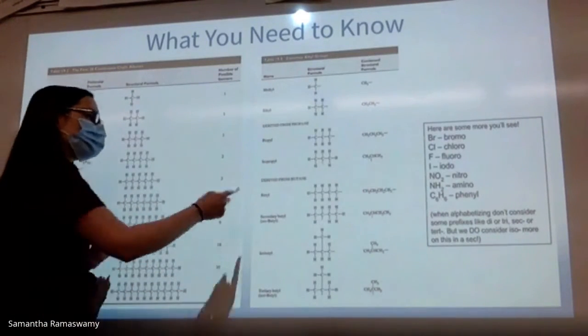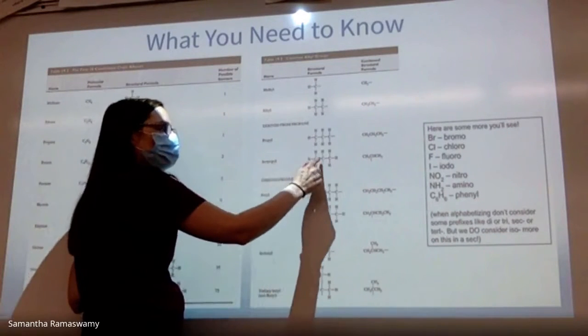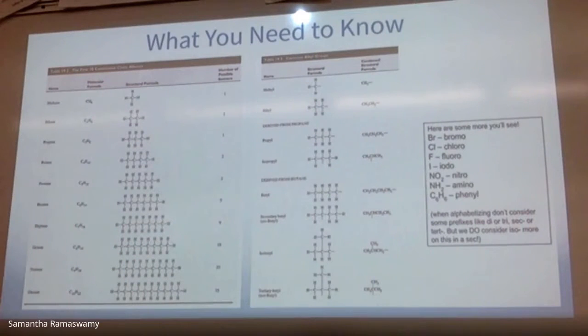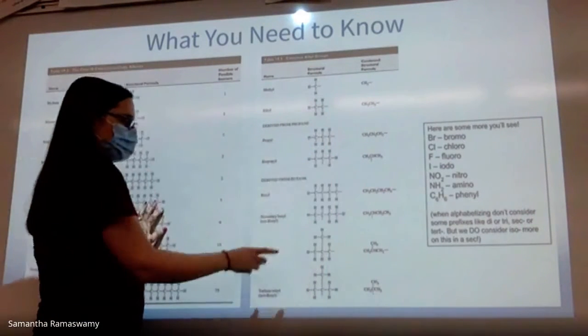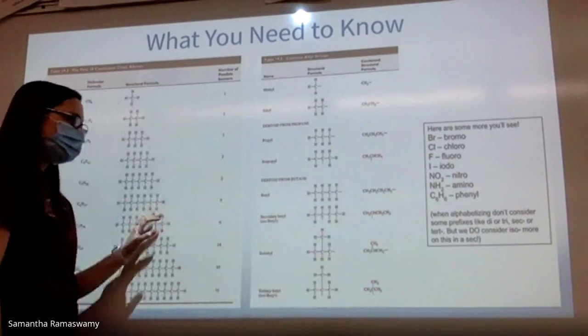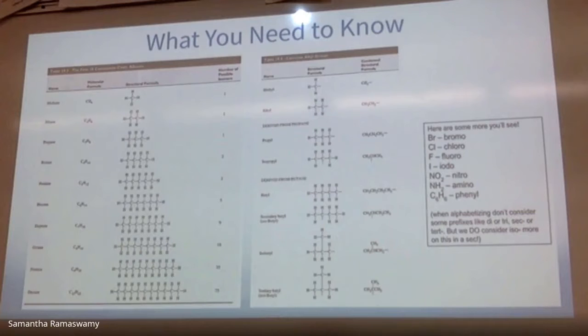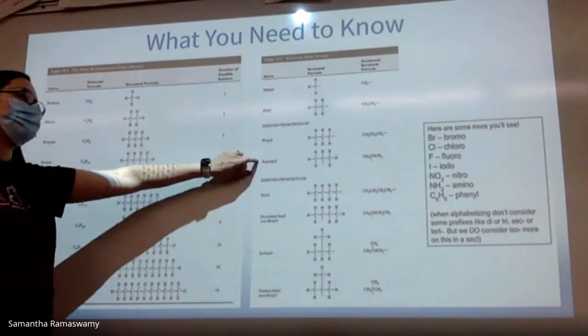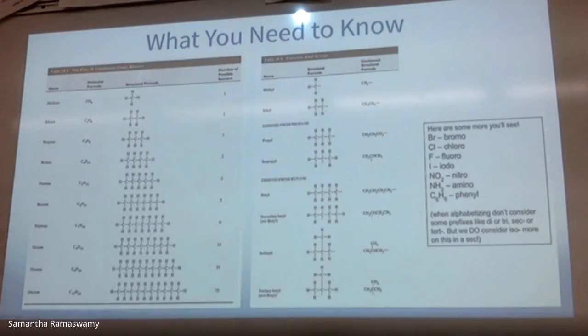Now there are some different ones. So isopropyl, it still has 3 carbons, but it's connected to the main chain through one of the center carbons instead of on the end. Same thing, sec-butyl, it's on the 2nd carbon. Isobutyl and tert-butyl. We don't see these butyl ones like sec-butyl, isobutyl, and tert-butyl as often. We see isopropyl. That's probably the, I guess, weird one that we see the most.